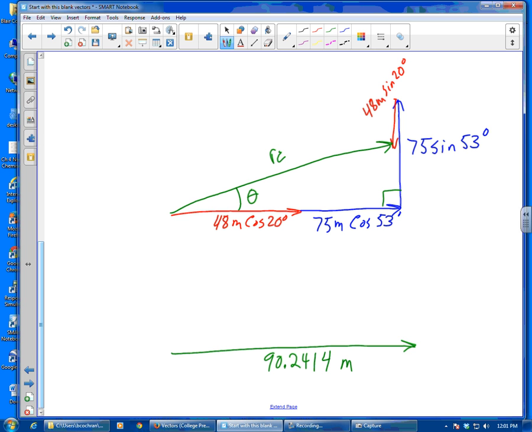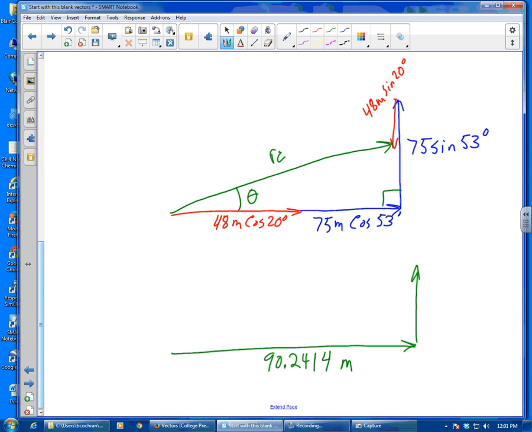Yes, see how the vectors point in the same direction? We're adding them. And then I want to combine these two vertical ones, and I notice that it goes up and then comes back down, so it's going to be plus the blue minus the red.